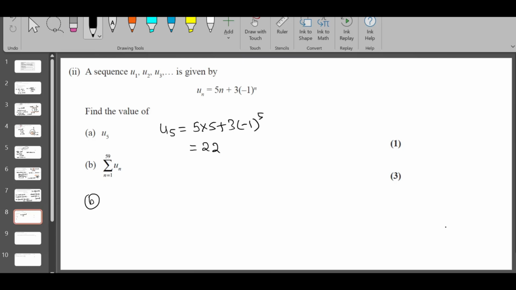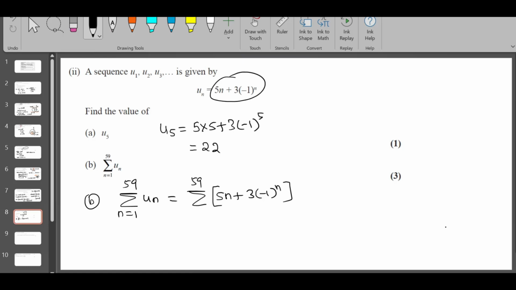Part B now. Sigma n is equal to 1 to 59 of un. I'm going to replace un by this formula, 5n plus 3 times minus 1 power n. Split the sigma notation.